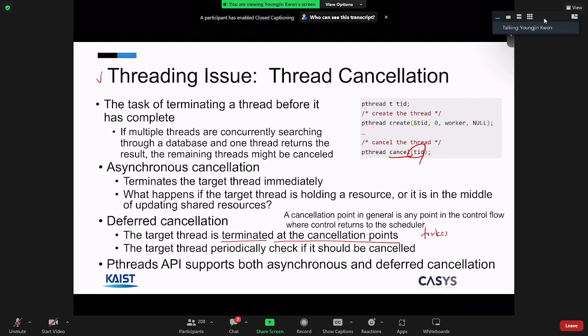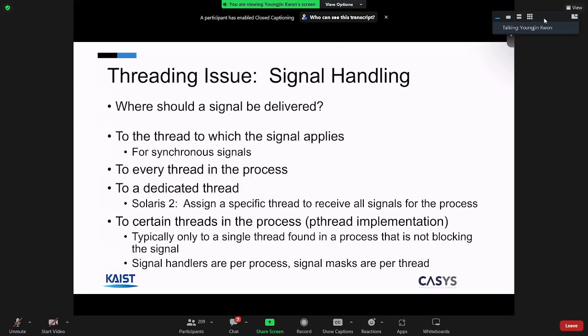Again, these issues differ by implementation. Linux and GNU threads, some other thread implementations, or Windows threads have different semantics. You have to check it. So I give you one example on top of this POSIX implementation. Also, signal handling. Signal is a concept for processes, but if a signal goes to a specific process with multiple threads, what happens then?